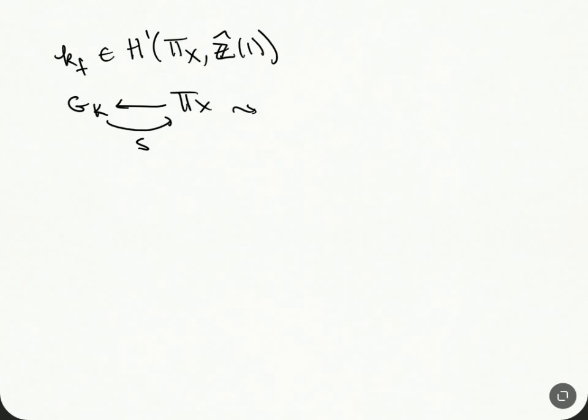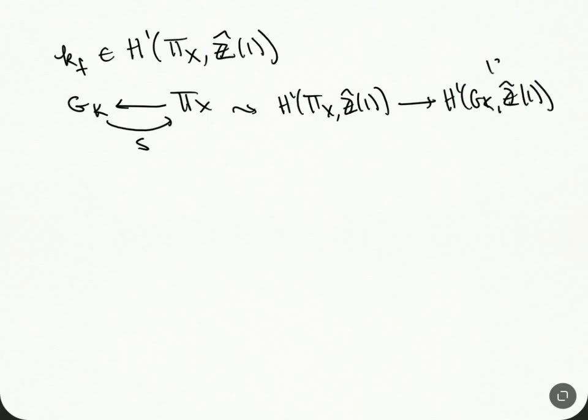This is a section associated to a point of the curve, and this induces a map. This is isomorphic to this profinite completion.